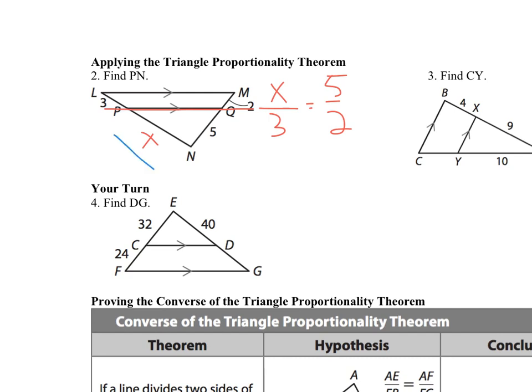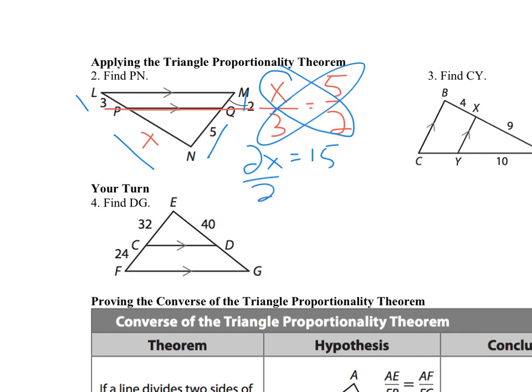I did this segment over that segment and this segment over that segment. Now 2 times x is 2x when we cross multiply, and then 3 times 5 is 15. Divide by 2, and x equals 15 over 2, or 7.5.